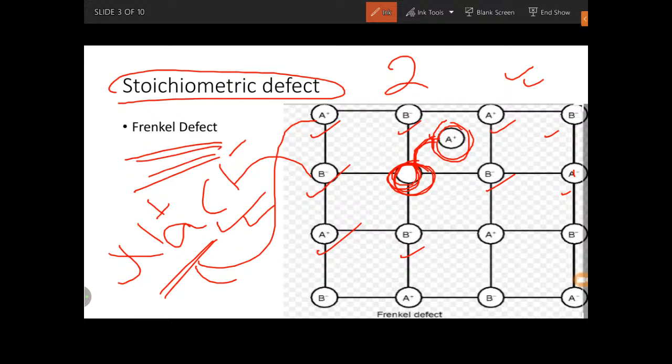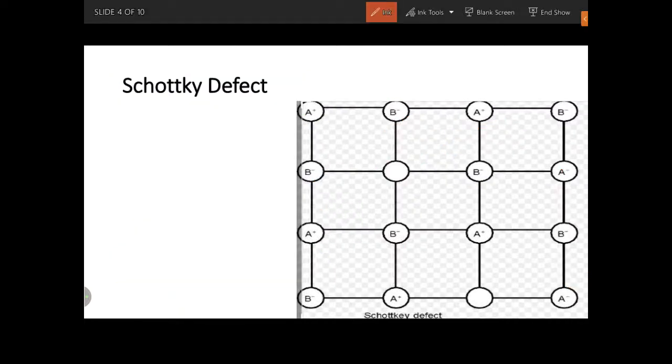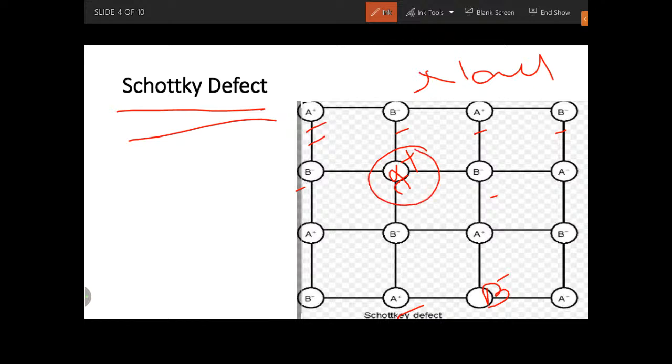Now the next part is the Schottky defect. Same example, think this is NaCl: A plus, B minus, A plus, B minus. Here an A plus is missing, and here a B minus is missing. So in Schottky defect, one A plus and one B minus are both missing from their lattice sites, and they are not in the interstitial site either.